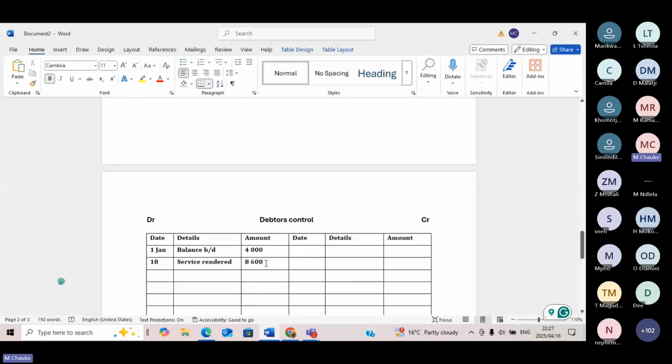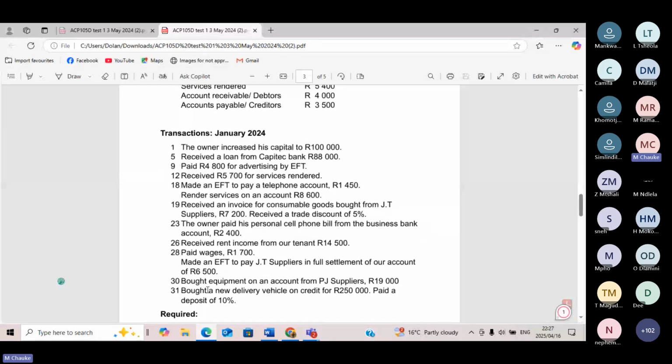And if you guys follow, let's go to the next transaction. The next transaction is transaction number 19. They say you've received an invoice for consumable goods bought from JT suppliers, 7,200, and received a trade discount of 5%.